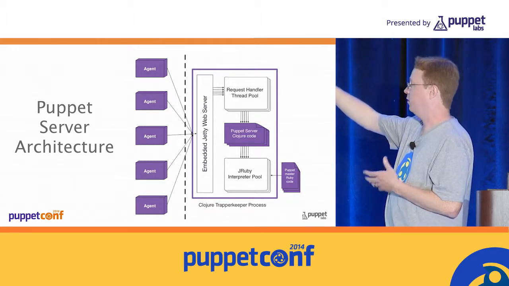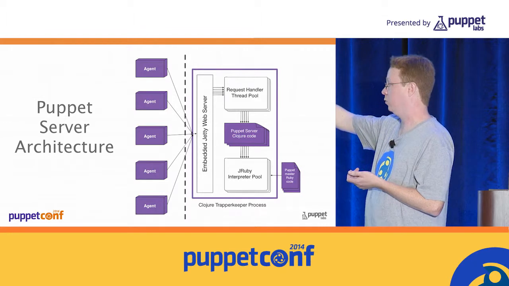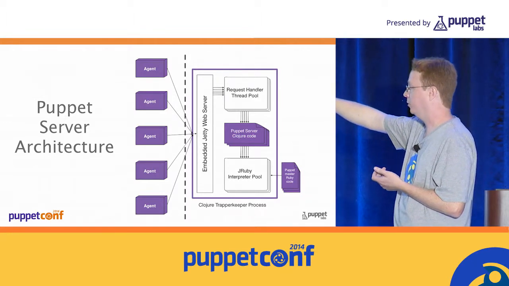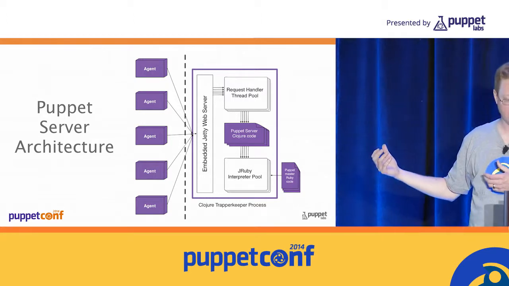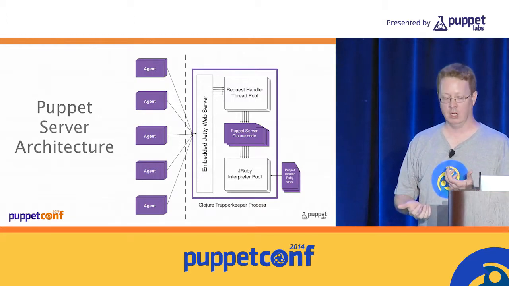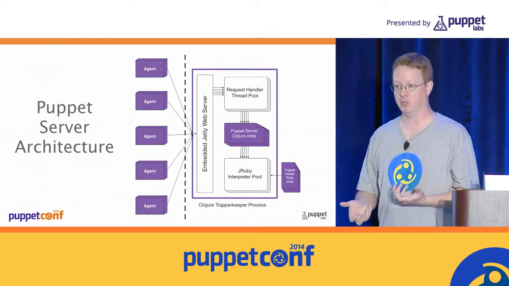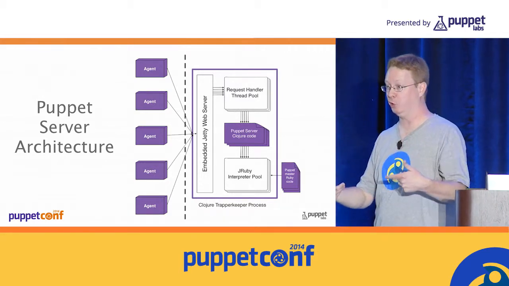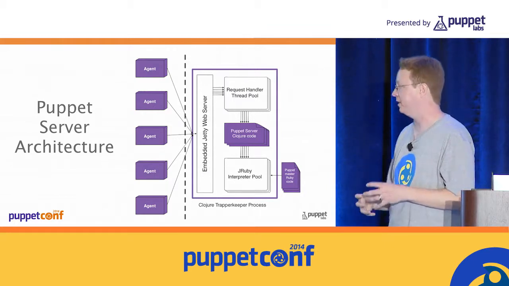And so then there's a pool of threads that are used to handle requests, and each of those threads will call directly into our Clojure code. And then from there, what we do is we have a pool of JRuby interpreters. So you can almost think of these as like little Ruby virtual machines that we instantiate in our code. But because we have control over this whole container, we can do really interesting things with those.